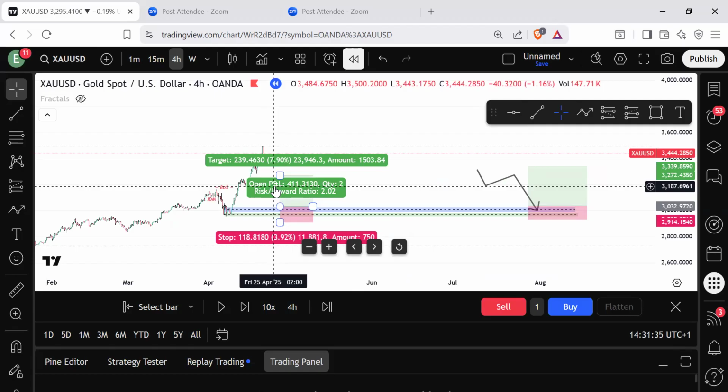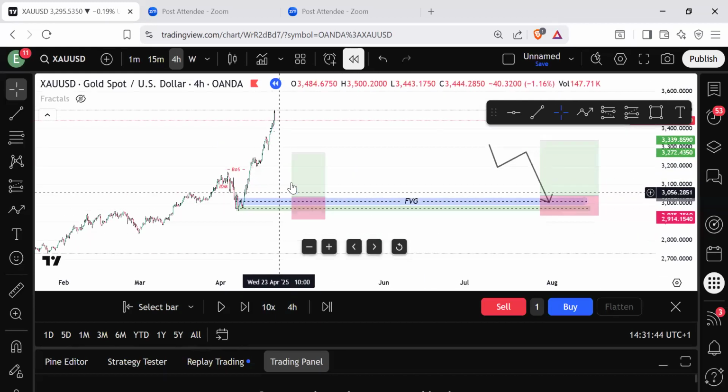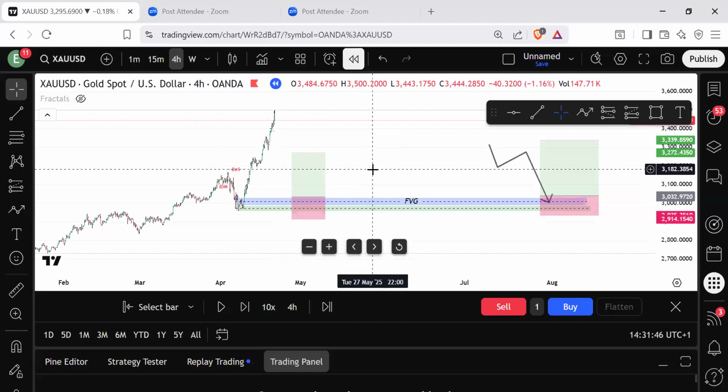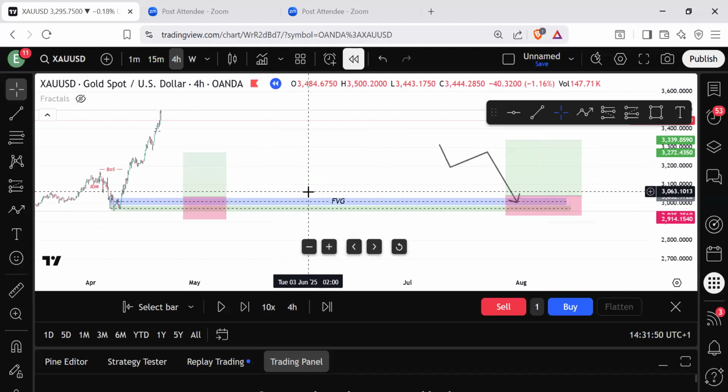Then check your win rate. See how many trades you won using this method, using the confirmation entry.